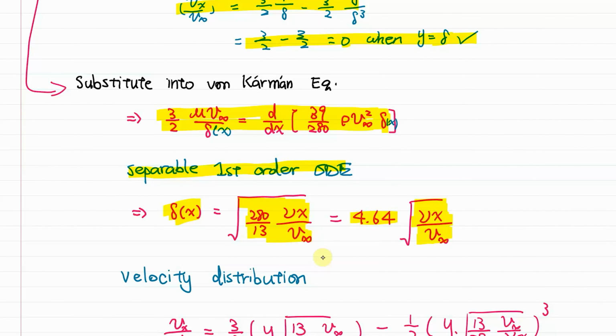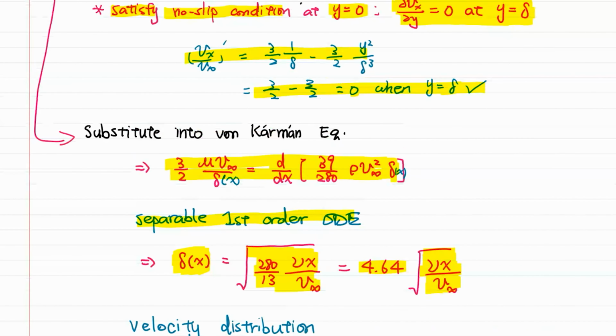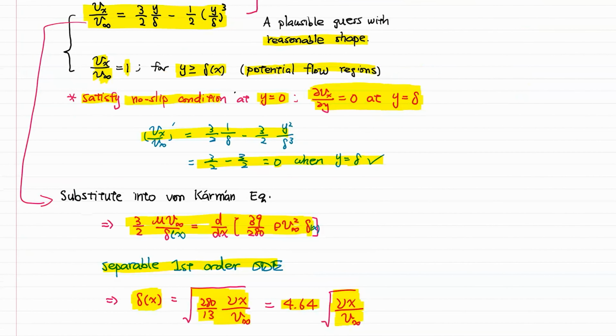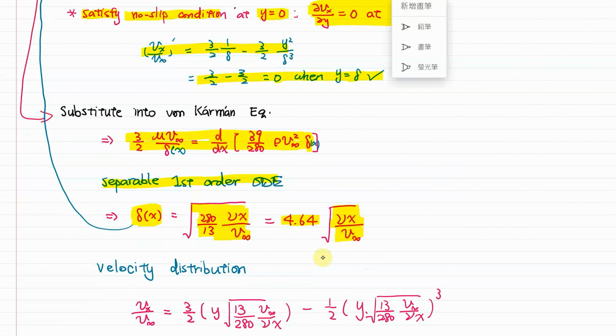And having the delta x distribution, we can now substitute this back to our initial guess for velocity. So we can go back and put this back here. Now we get the velocity distribution down here.